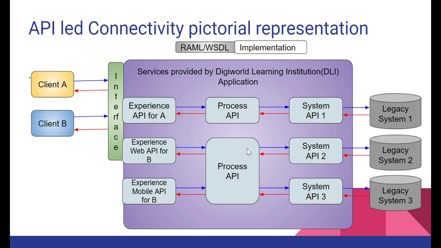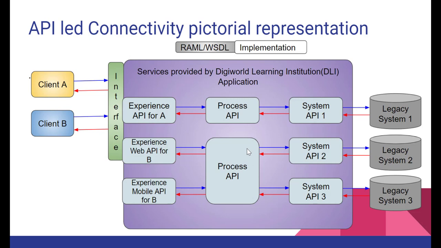And you have followed the API led connectivity approach, and you have developed experience API, process API, and system API, right? So your application is currently interacting with only one legacy system.